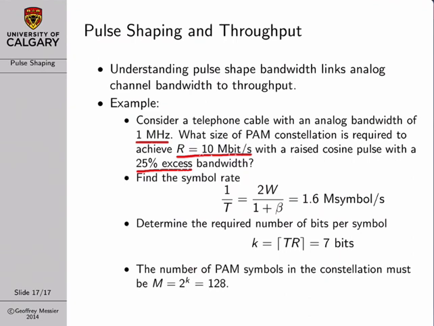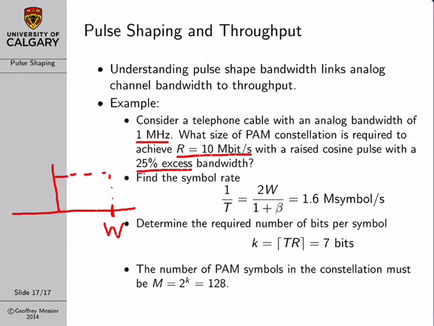And so the first thing you can do is determine the symbol rate that is allowed by your analog channel. And so if we use W to represent the bandwidth of our channel, and we're assuming basically that our channel has some sort of low pass filter characteristic where anything above a bandwidth W of 1 megahertz starts to get attenuated.